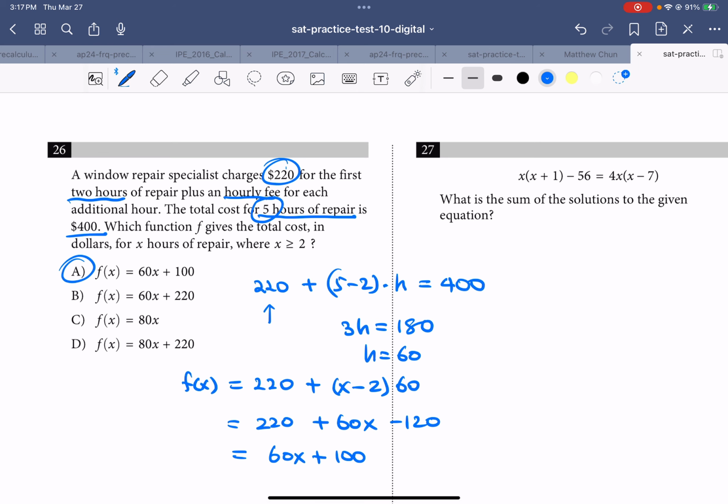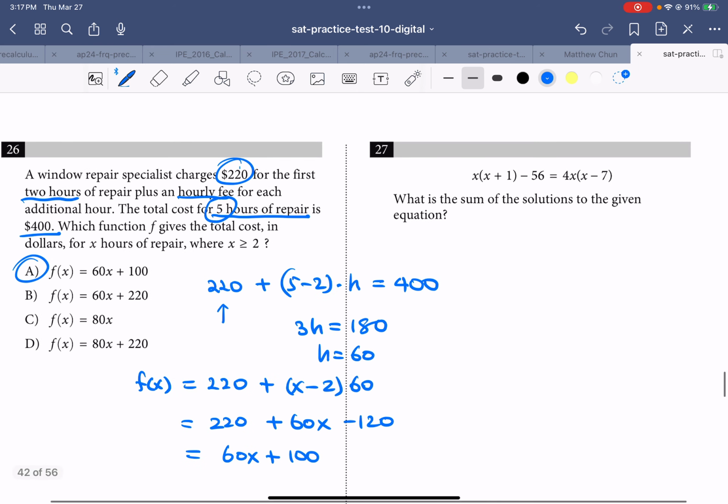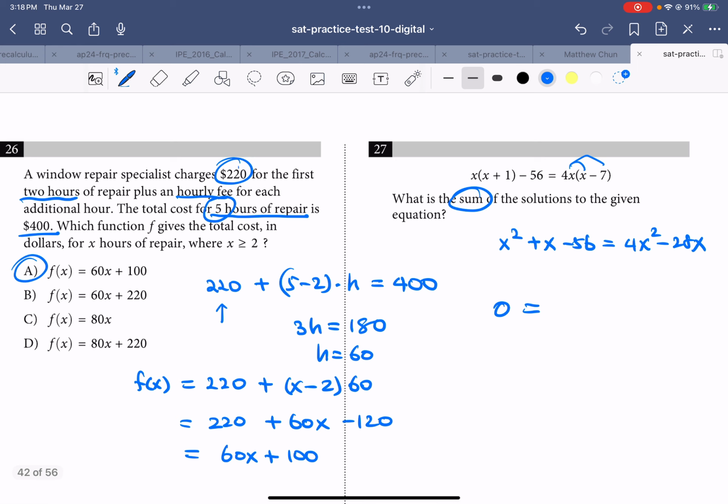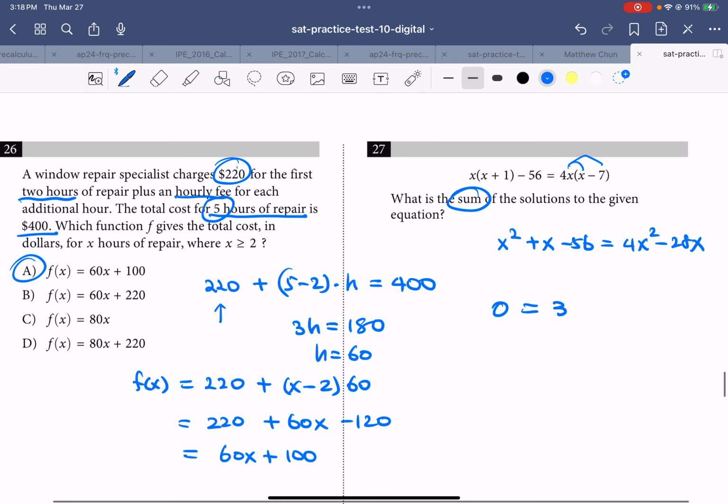Okay? All right. Now number 27. What is the sum of the solutions? You multiply it out: x squared plus x minus 56 equals, when you distribute this one, 4x squared minus 28x. Let's combine like terms. You make the left-hand side 0, so you subtract x squared from both sides: 3x squared minus 29x plus 56.